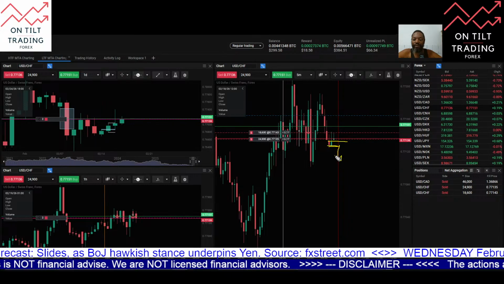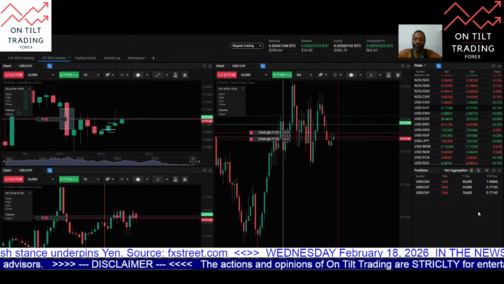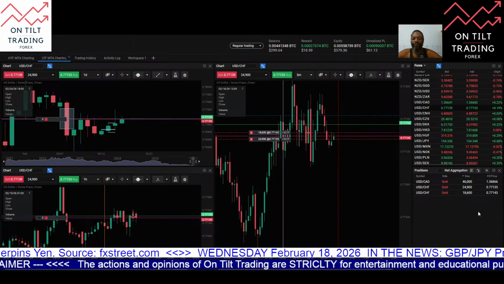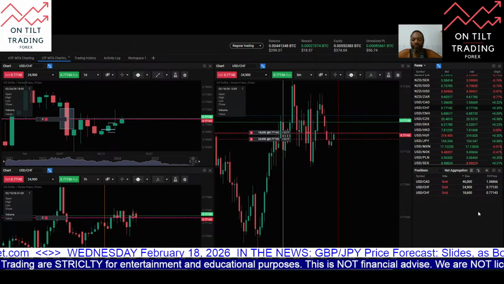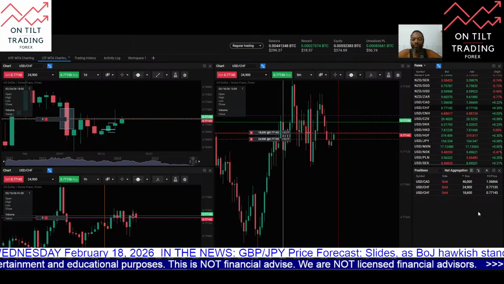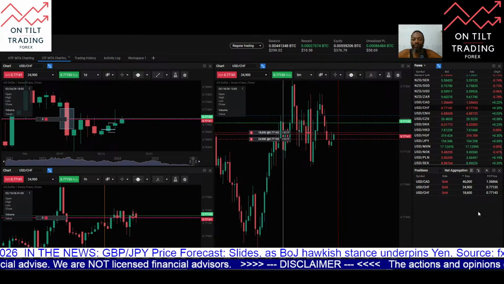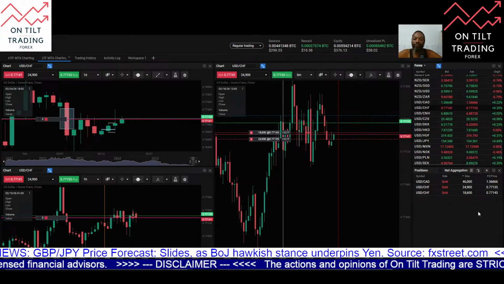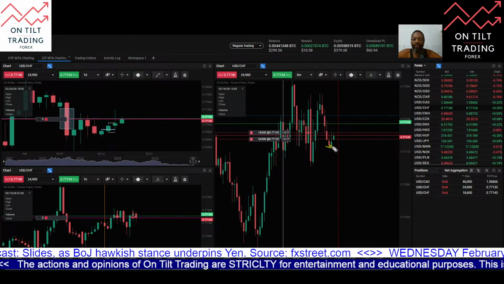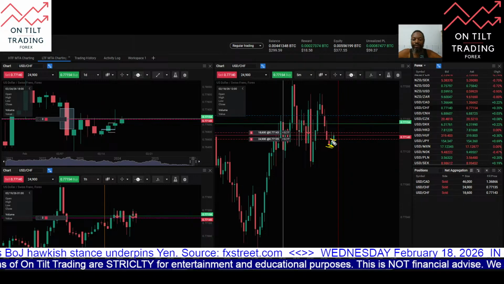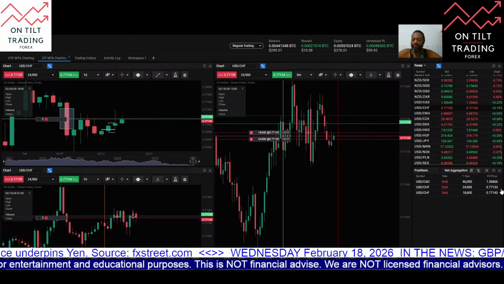We'll see if price wants to continue to the sell side here. Currently generating liquidity below this candle, also liquidity generated here below this candle on the 5-minute chart.